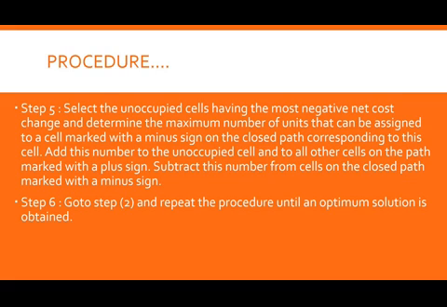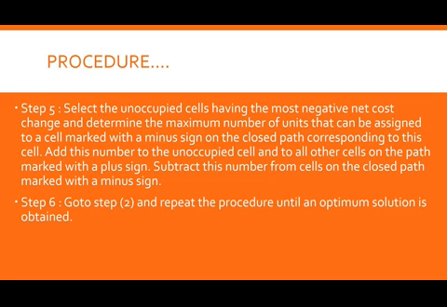Fine. Add this number to the unoccupied cell and to the other cells with plus sign, and subtract this number from cells in the closed path with minus sign. This is what we did in your MODI method also. The same thing we are following.